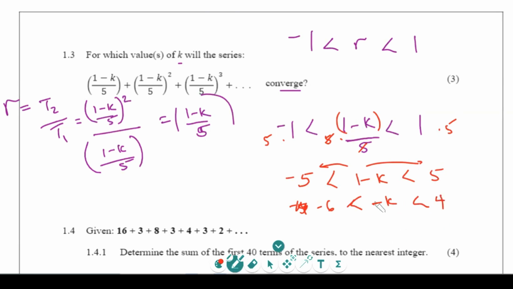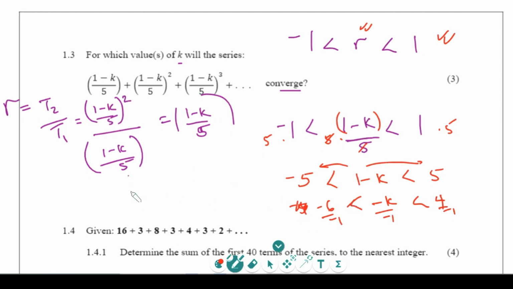Then I need to eliminate this negative sign, because whenever I'm getting the values in this format with this condition, I have to make sure that the letter is only left in the middle without anything else, not even the negative sign. Okay, so when I divide by the -1 on each side, remember, if we are dealing with inequalities and you divide with a negative sign, the inequality symbols will have to change.